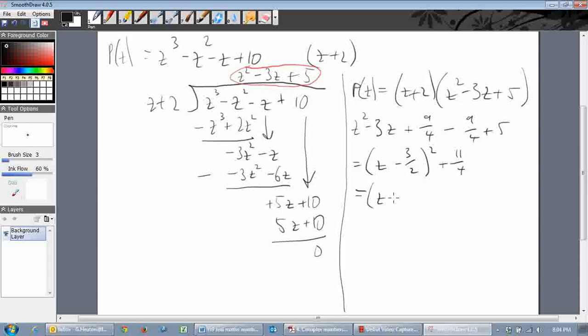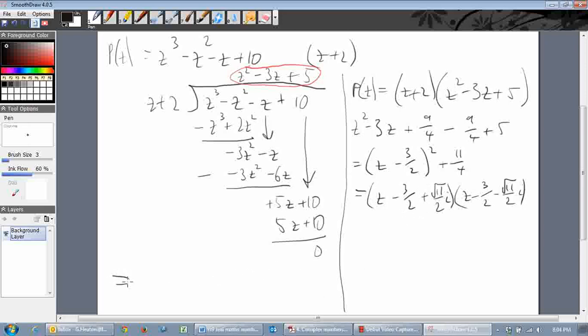So that equals z minus 3 over 2, and there we'll get the square root of 11 over 2 i. I've run out of space a little bit here, sorry. One will be plus and one will be minus. Okay, so we've just settled that.